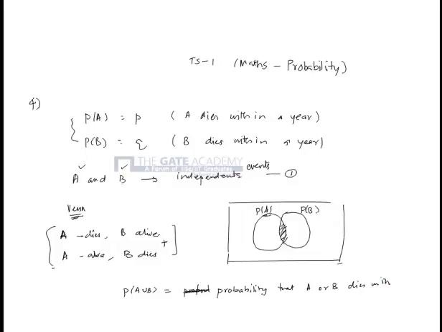So it includes all the cases. That means A dies, B is alive; A is alive, B dies; or both die. So that is included by this case. And P of A intersection B means that both die within a year.